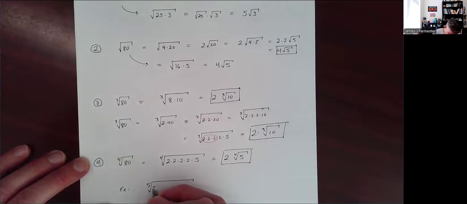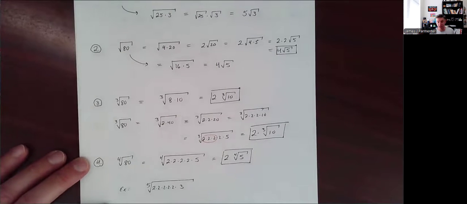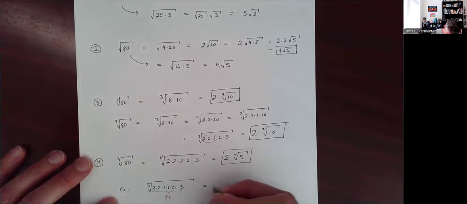So just as an extra example here, I know that the fifth root of the following thing, 2 times 2 times 2 times 2 times 2 times 3, which is 96. That's 4, 8, 16, 32 times 3 is 96. So the fifth root of 96, well, since I have 1, 2, 3, 4, 5 twos, the fifth root of 2 times 2 times 2 times 2 times 2 is just 2.